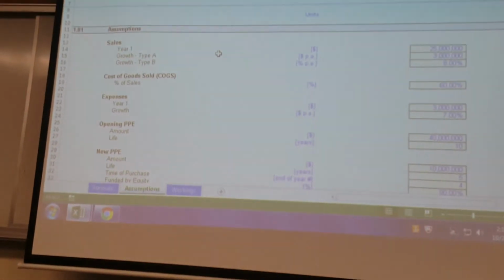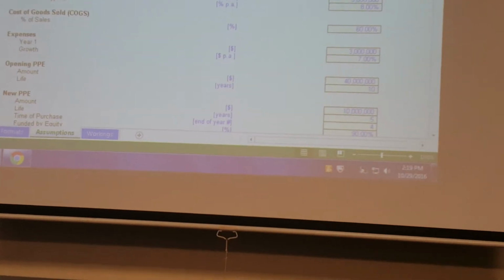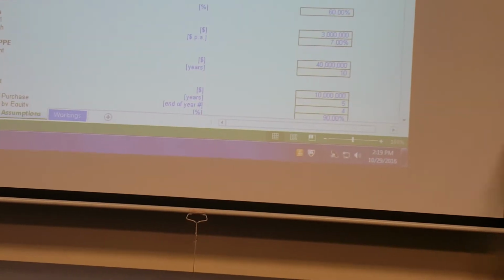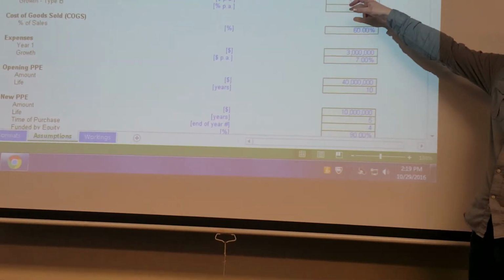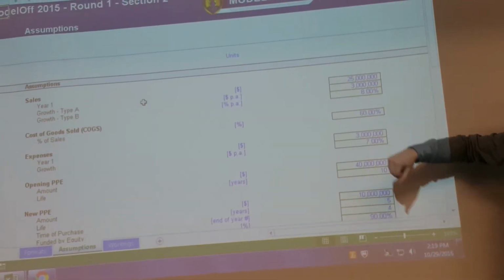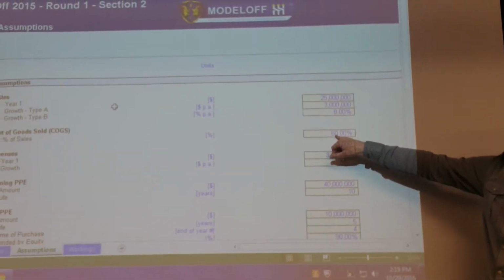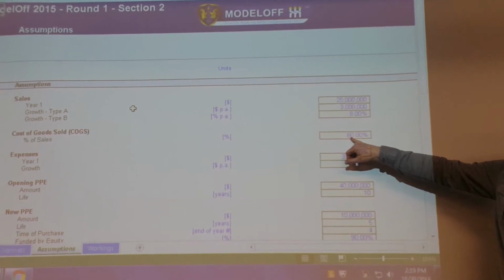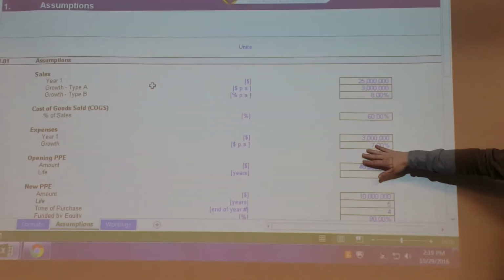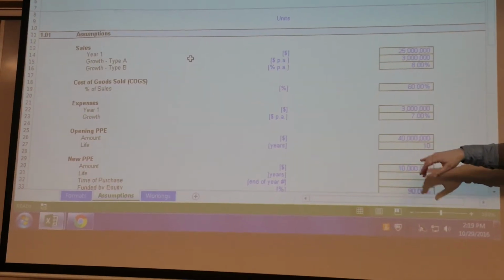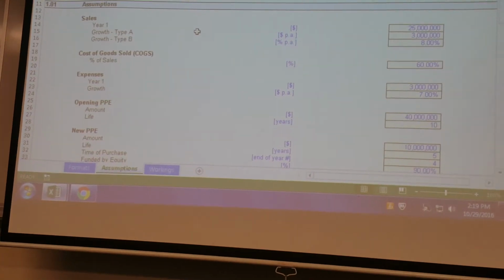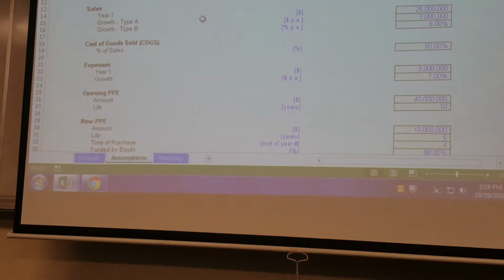So if I pick up this model tomorrow and say, hey, how would the value of this company change if sales started off at only 20 million, but they went up by at least 4 million every year, and COGS, let's say we could bring that down to 55% by making some rationalizations, and let's say that we could slow down expense growth to only 6%. If I make all of those changes, what's the value of the company now?